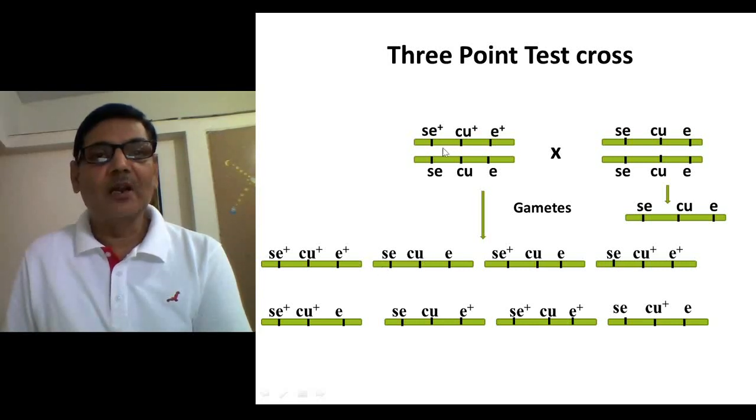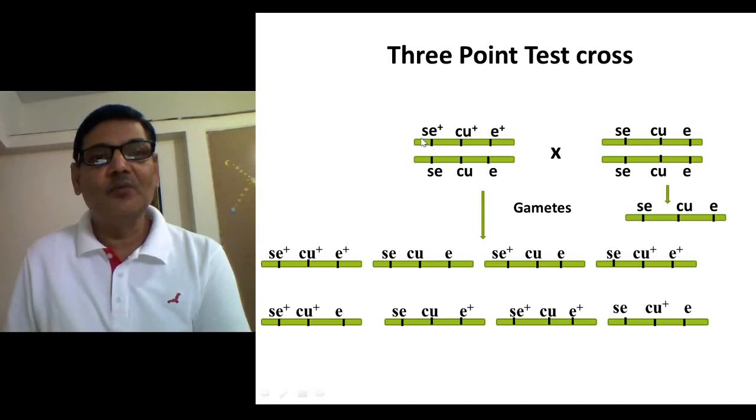If crossing over occurs between sc and cu genes, then you will have 2 gametes. I have shown them side by side here. On the upper side you can see these 2 gametes will be formed because of crossing over occurring between sc and cu. See how this will happen. If crossing over occurs here between sc and cu, then it will be sc plus and cu e.